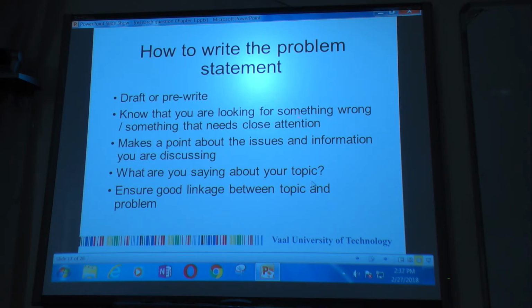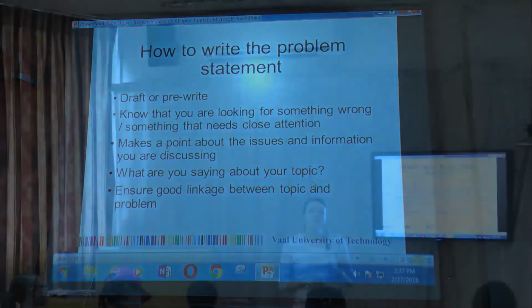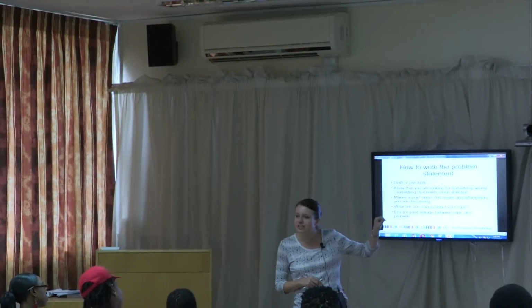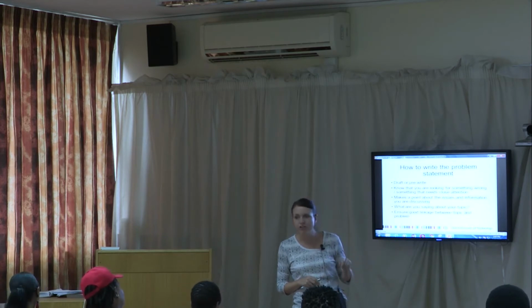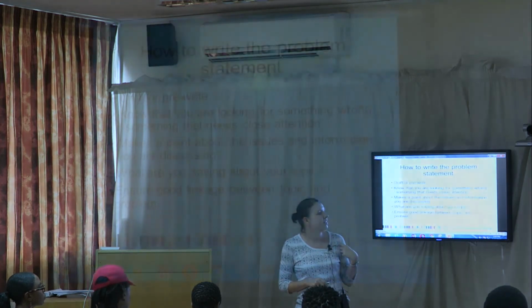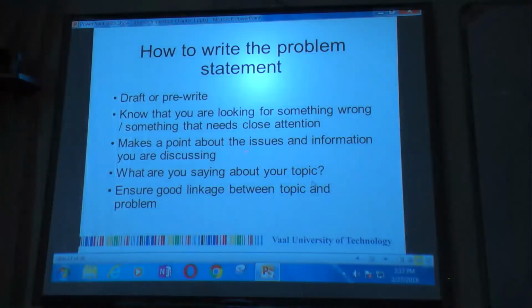Know that you are looking for something wrong and something that needs close attention. So keep in mind your topic. What is the problem that you are trying to address? Because that needs to be explained in this specific paragraph about your problem statement. It must make a point about the issues and the information you are discussing.